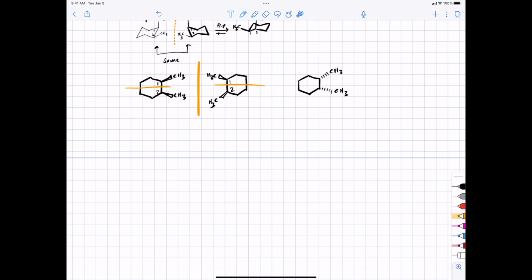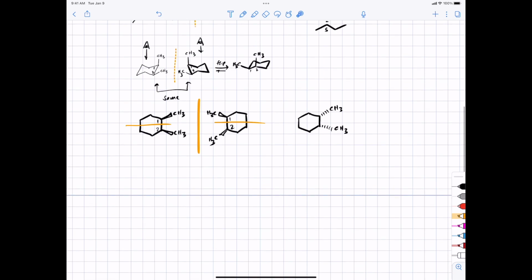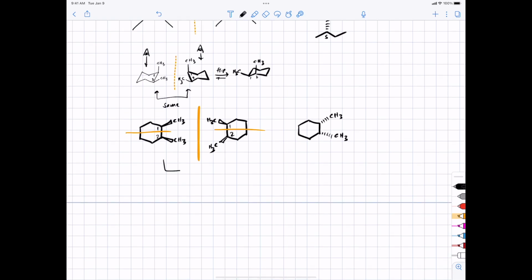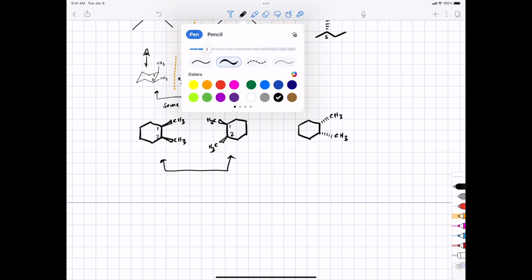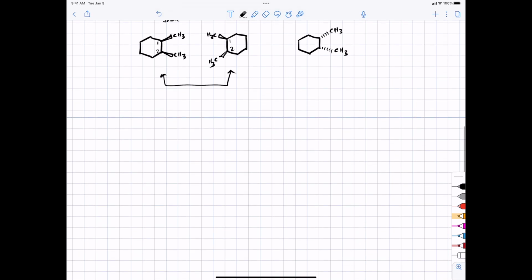But before I move on to that, what other questions do you have? Yeah? Those two cyclohexane rings that are mirrored there, is that orange line a line of symmetry? Yes. So this is our mirror plane. I guess I should have used... Okay.